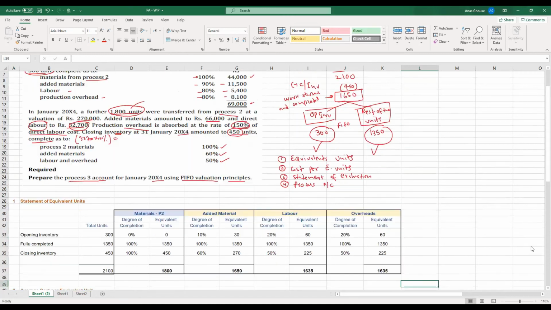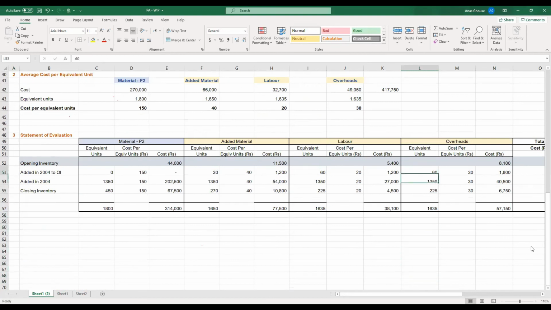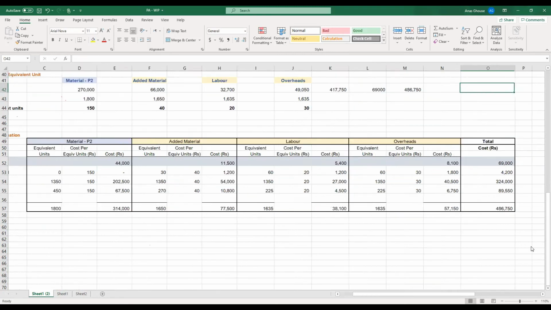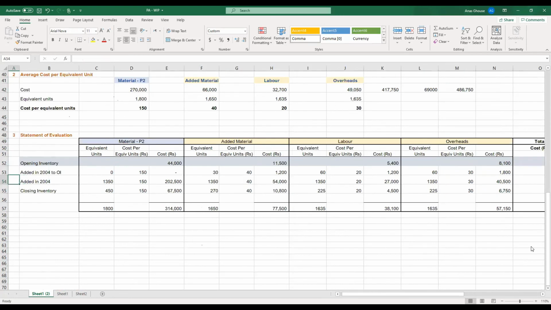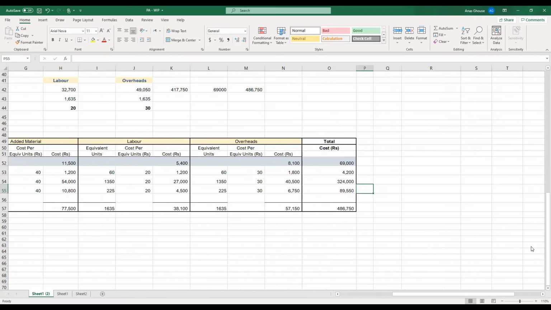Once you add that, you should get 486,750. This total cost is allocated amongst fully completed units, the opening inventory and the closing inventory.